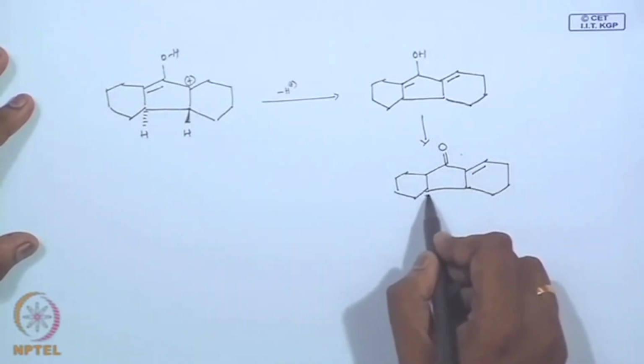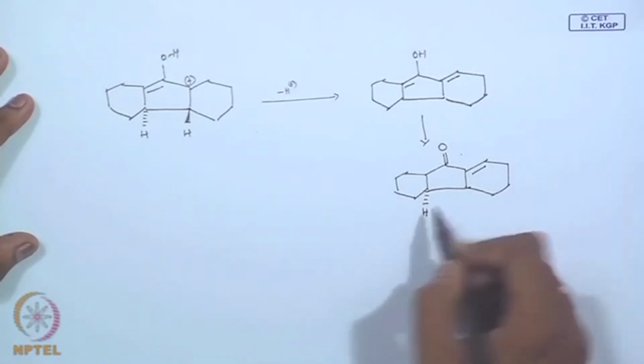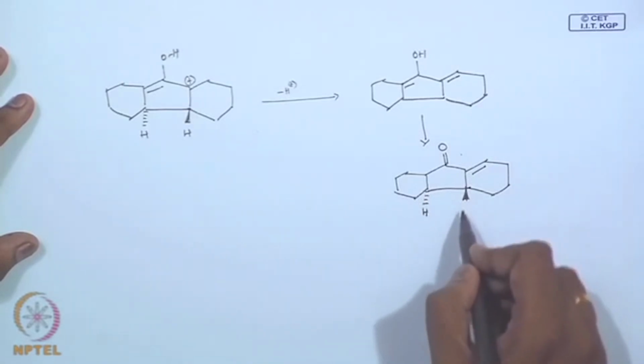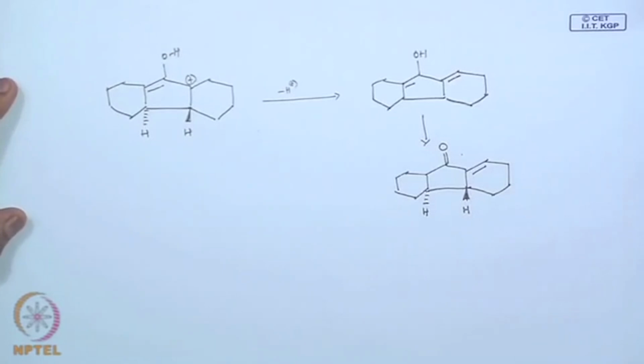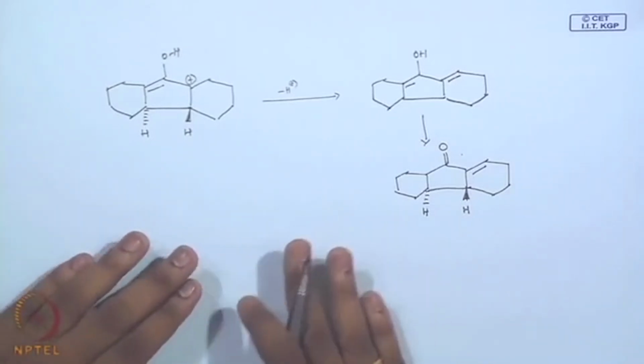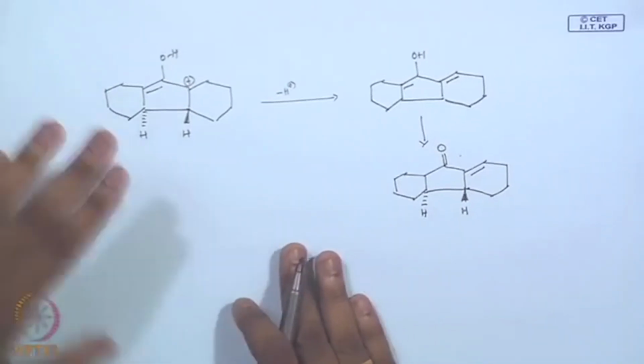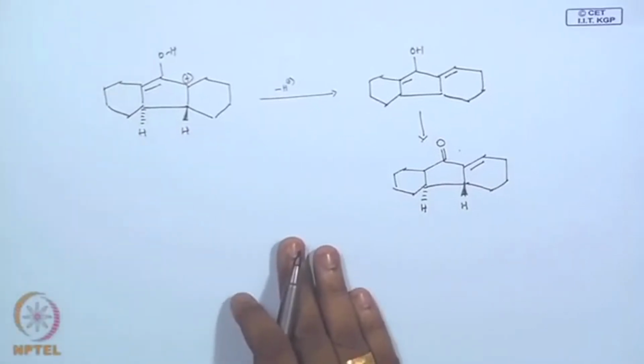Don't forget your hydrogens, these are the ones we are going to look at. So this is the Nazarov cyclization, which you do under thermal conditions. That's the product we got.